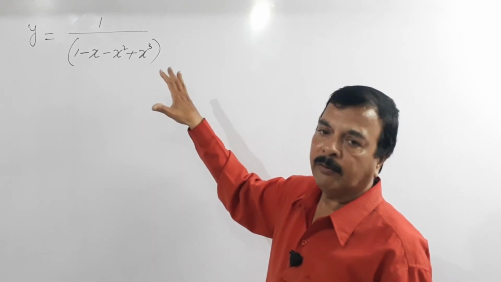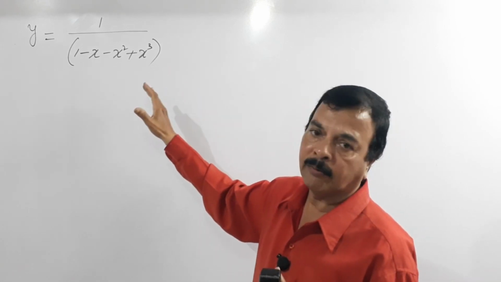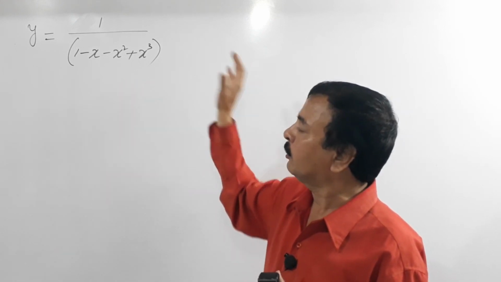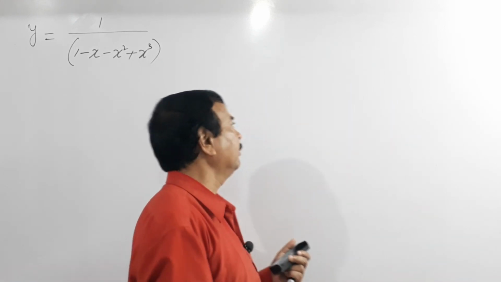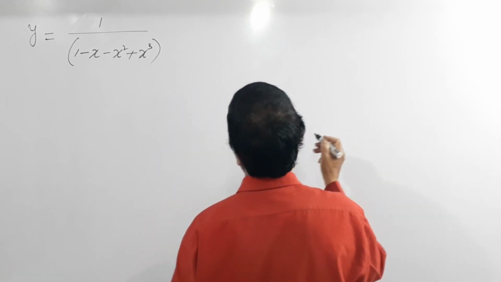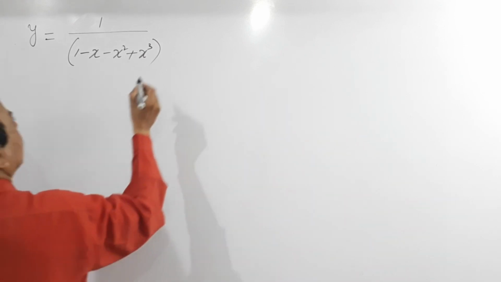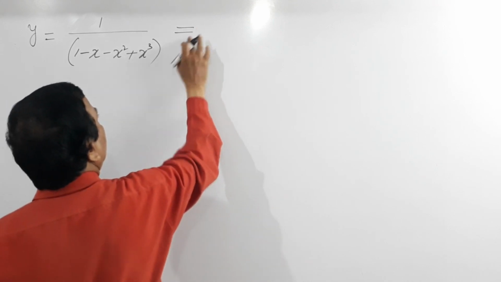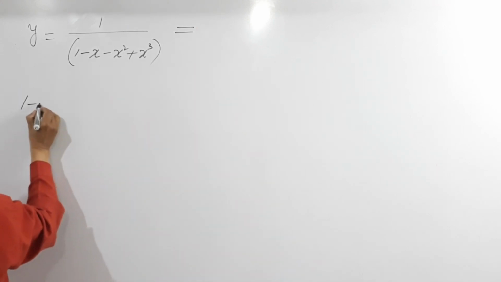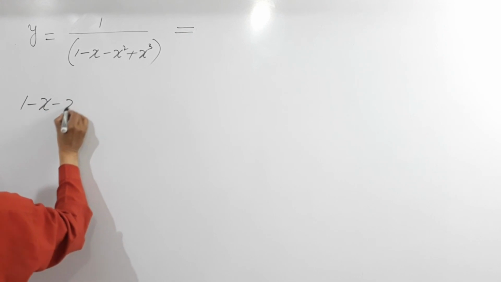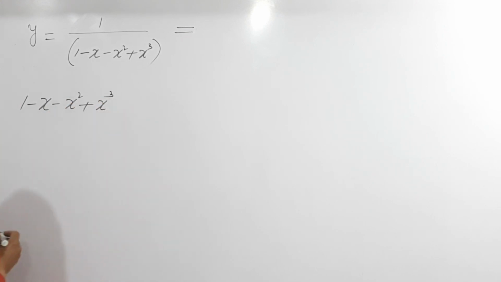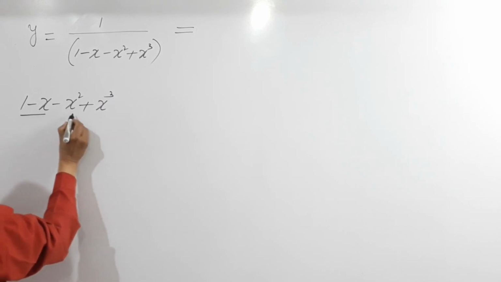So we have to simplify this. So find the factors in this and try to substitute like what you did in the previous problem. What I do, I take this equals to what? So I take 1 minus x minus x square plus x cube. So I take like this.